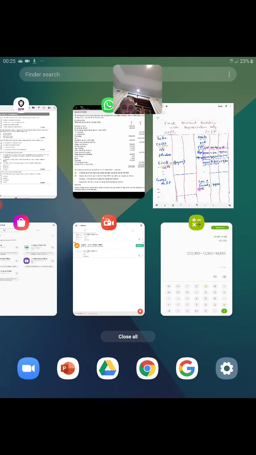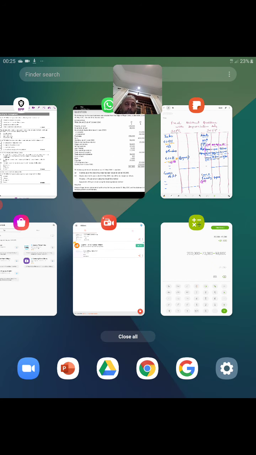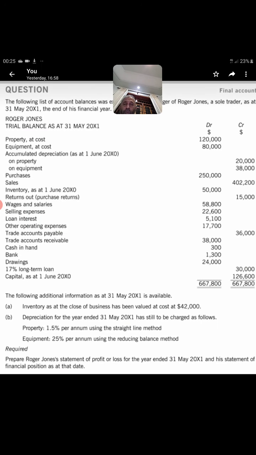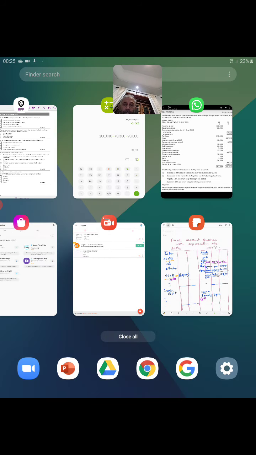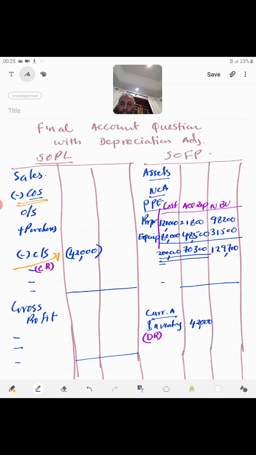Now we go to the trial balance. Now that we have done all the adjustments, we simply fill in the information available in the trial balance. We have taken property, equipment and accumulated depreciation already dealt with. Purchases, how much? 250,000.